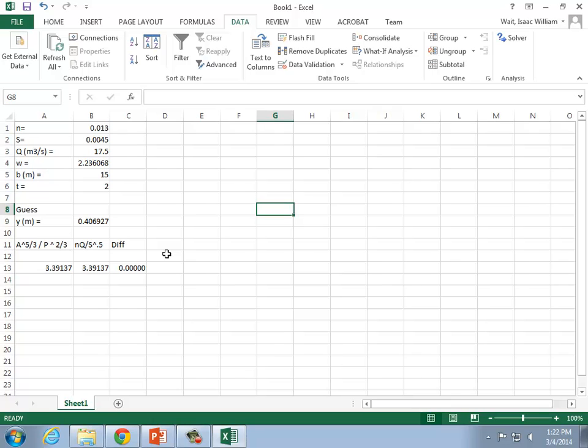Okay, so in the numerator here is 22.27.